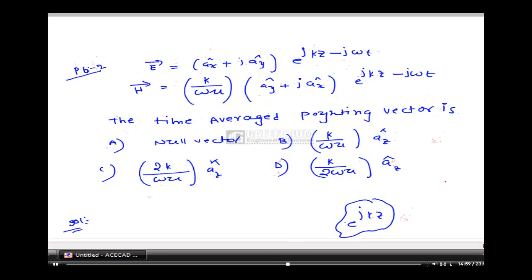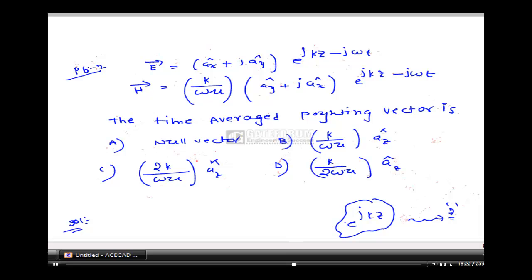Or if you take common minus j, it is the omega t minus kz form. So obviously the wave is propagating in the positive z direction, so we can expect the az component. If you observe the answers, az is here. Here, specially, null vector is also given.